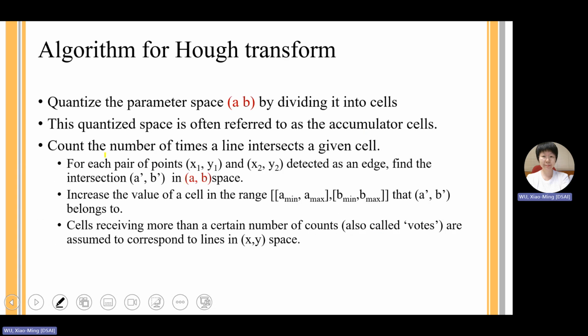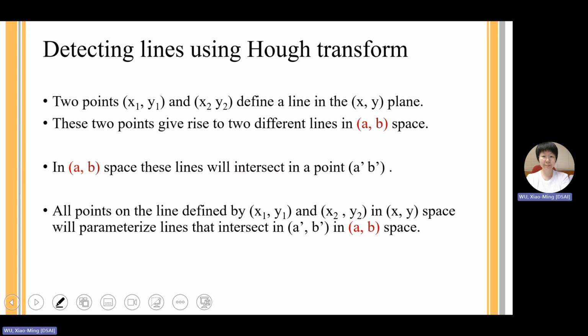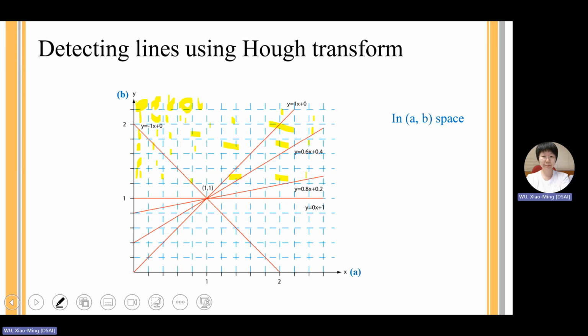And we count the number of times a line intersects a given cell. For every 2 edge pixels, we find their intersection A and B in the AB space, because each edge pixel corresponds to one line in the AB space.